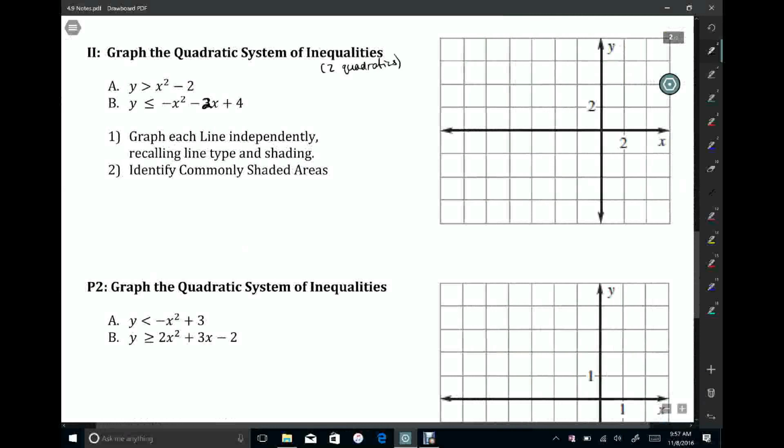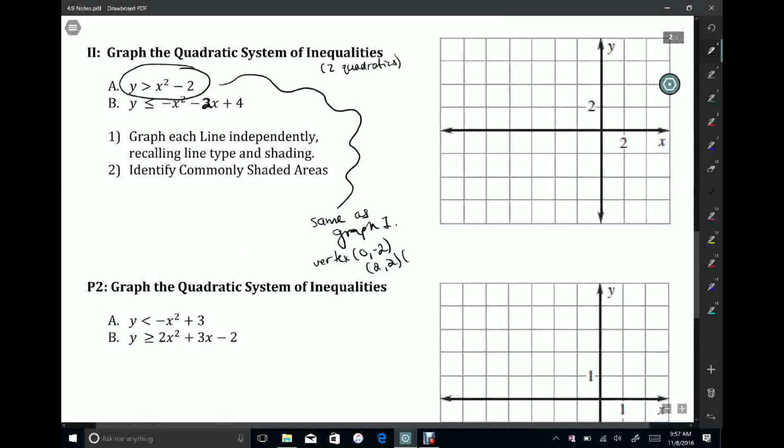Alright, well, this first one conveniently is the same as our first graph. So that means we're going to have a vertex at 0, negative 2. We're going to have the points 2, 2, and negative 2, 2. Okay.